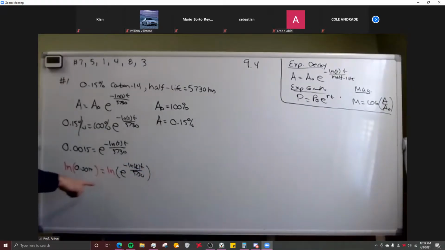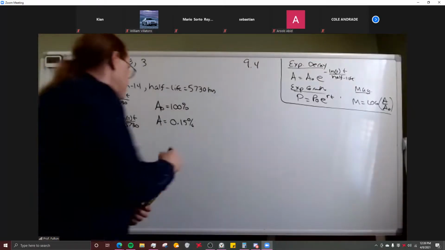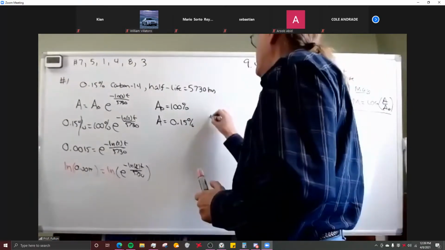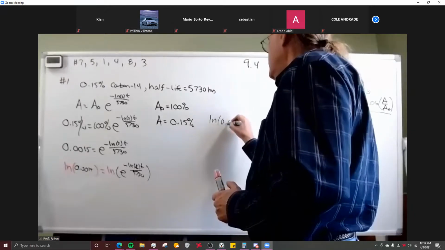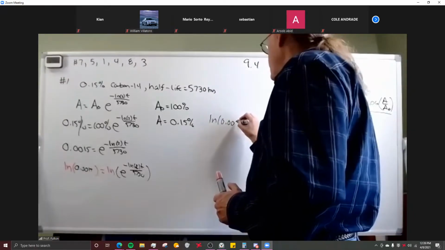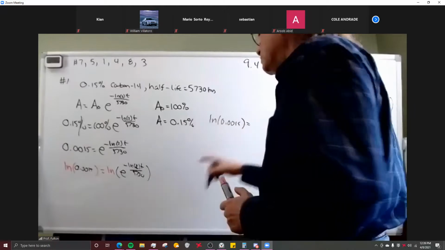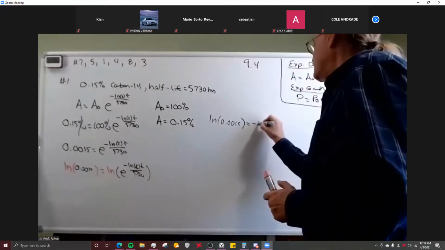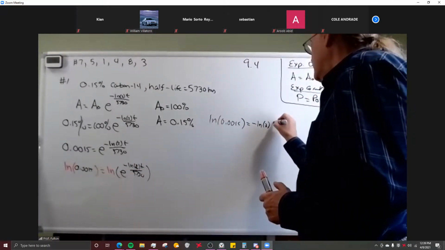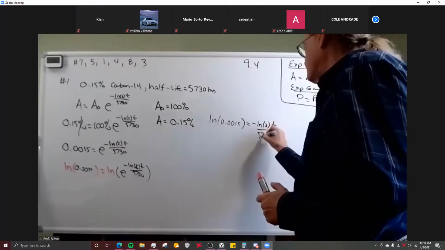But this is the inverse function. So now the left-hand side is the natural log of 0.0015, equal to minus the natural log of 2 times t over 5,730.